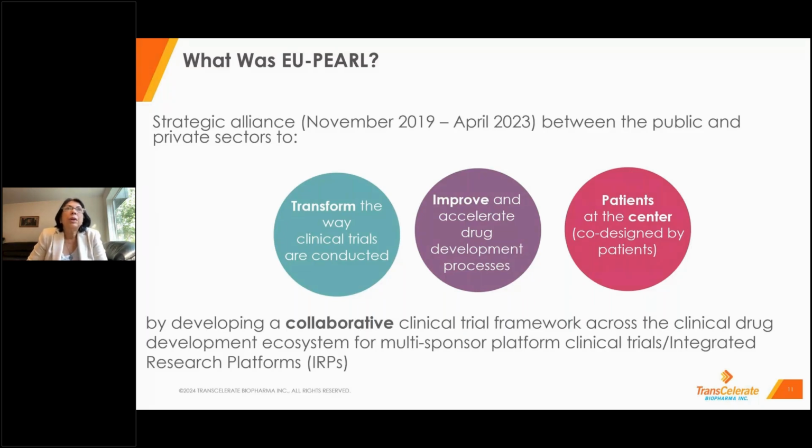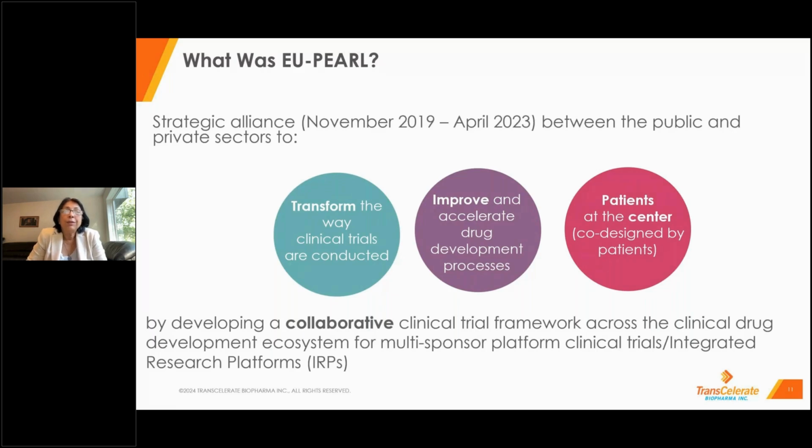So EU-PEARL was a key part of the overall approach of the European Commission of improving the landscape of clinical trials in Europe. The new European Commission, the heads of medicines agencies, and the European Medicine Agency have launched an initiative to transform how clinical trials are initiated, designed, and run.